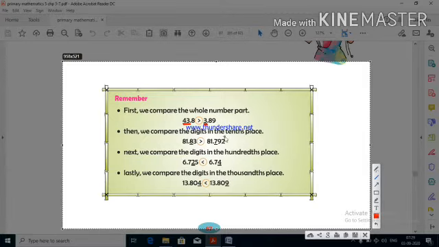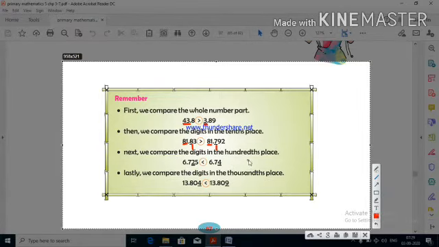Next we compare the digit in the tenths place. 81.83 is greater than 81.729. Here the whole number part is the same in both numbers, so we compare after the decimal. Here is 8, here is 8, here is 8, and here is 7. So 8 is greater than 7, that's why 81.83 is greater than 81.729.